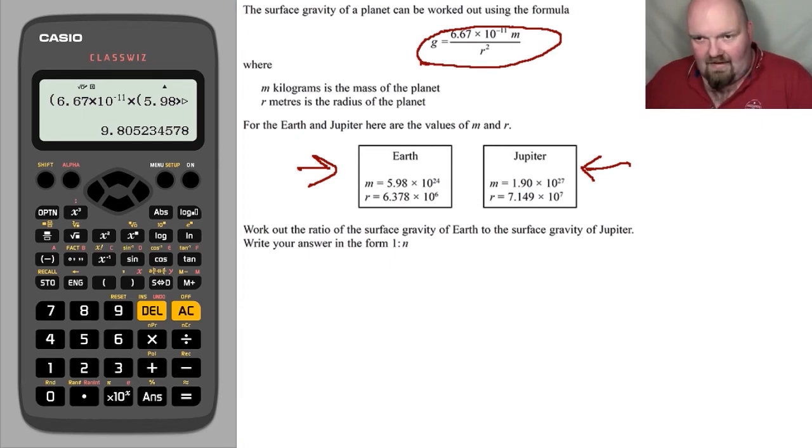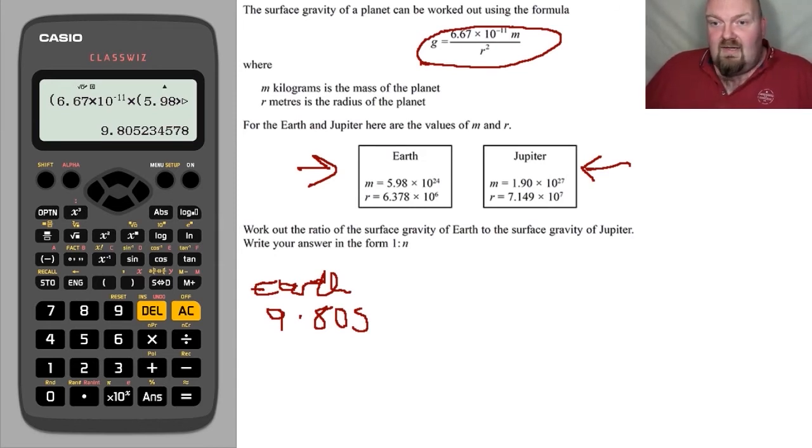Now, some of you may recognise that and you might think, good, this works. So I know that the value for gravity on Earth is described as 9.8. So, Earth, I have my value as 9.805.